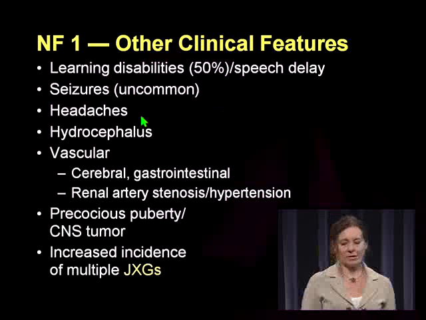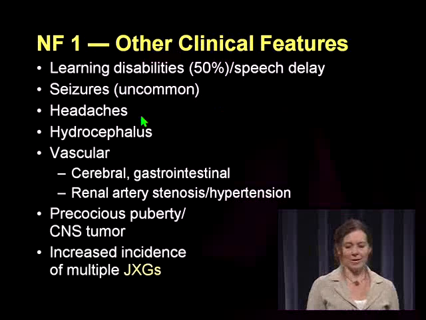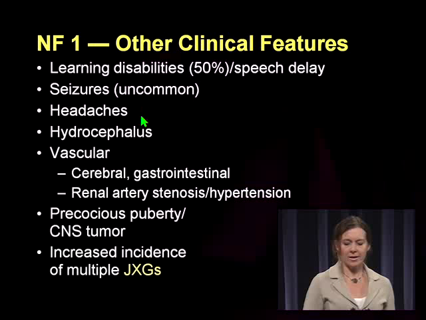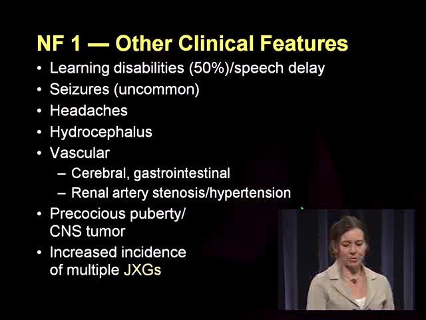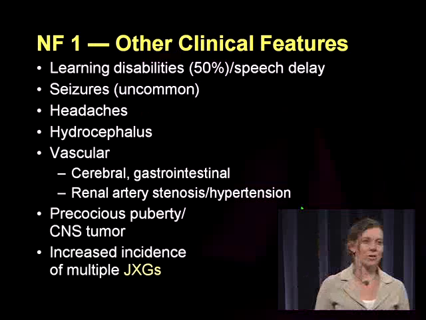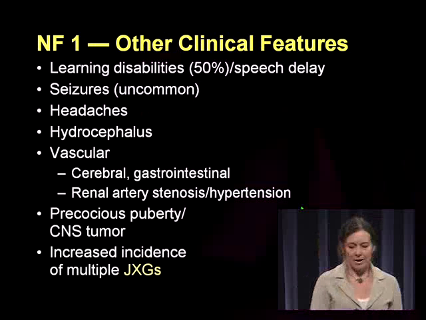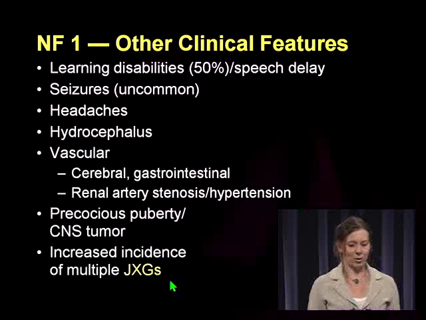We know that there are some vascular complications that you get in NF involving cerebral vessels, gastrointestinal vessels, and a small minority of patients may develop renal artery stenosis and or hypertension. We know that precocious puberty and CNS tumors are more common in the setting of NF. And then the dermatologists are pretty aware that they can get more juvenile xanthogranulomas, which are small benign tumors that have a very yellow appearance.